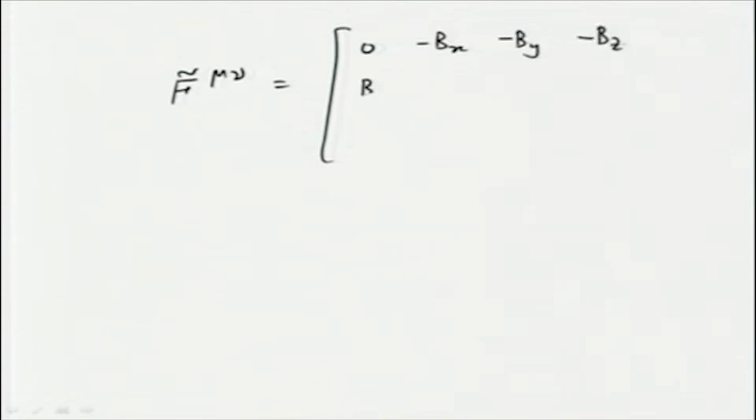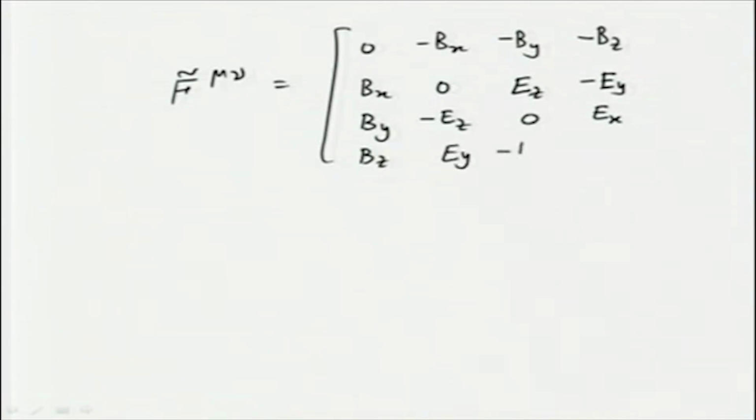So, putting it together, I have F tilde mu nu equal to 0 minus B x minus B y minus B z, B x 0 E z minus E y, B y minus E z 0 E x, B z E y minus E x 0.